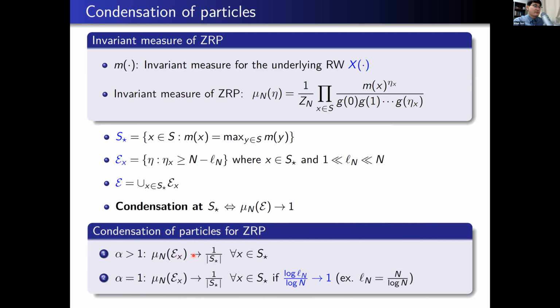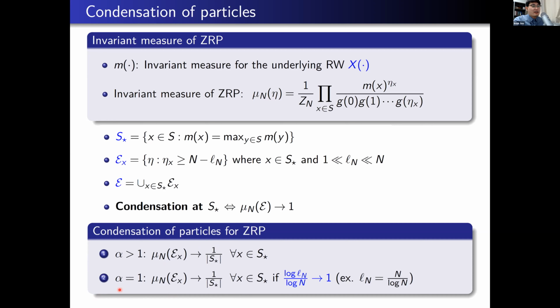Such a condensation of particles can be proven for the zero-range process easily with this explicit expression. For alpha greater than 1, you can find this asymptotic mass of this set E_x, and of course this implies this one because you sum over x, right?